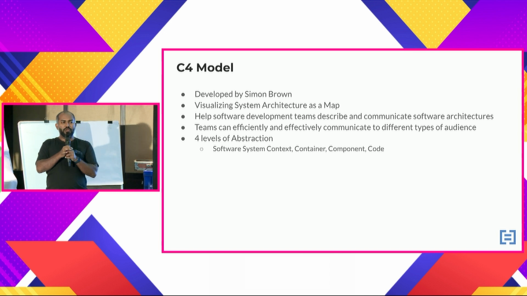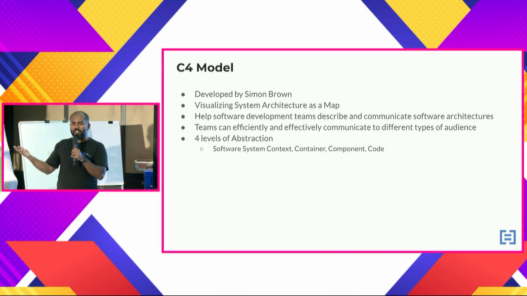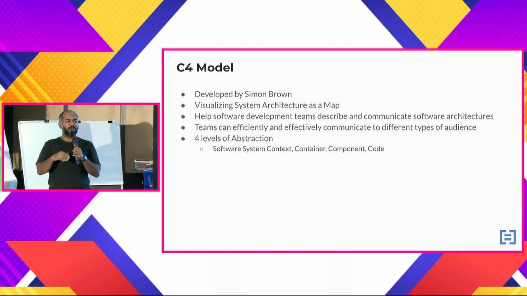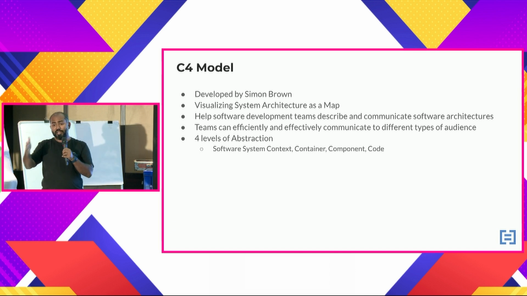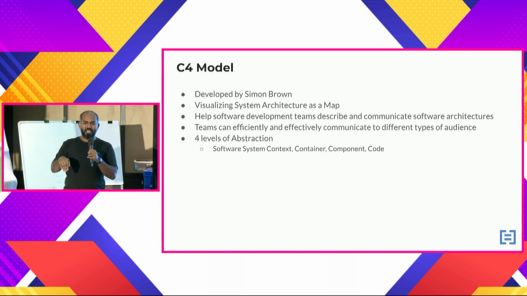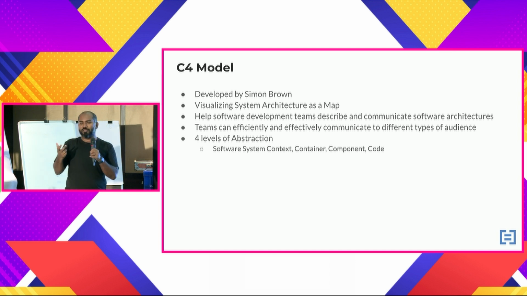So you explain it by starting at a very high level, which is useful when you are talking to non-technical persons. Then you dive deep for a technical audience, saying, these are the different containers of your system. Then you go even deeper to talk about the components, and code.